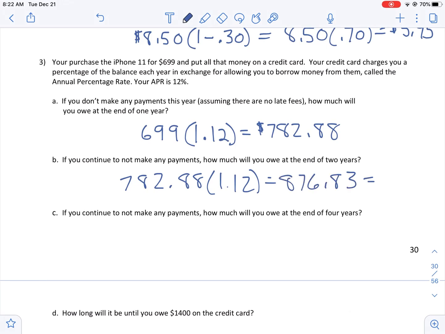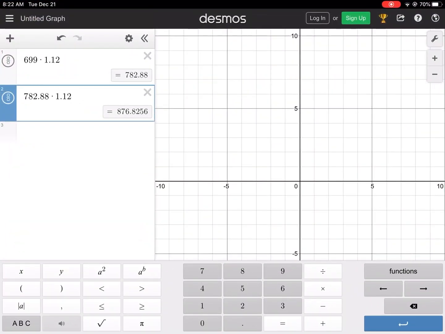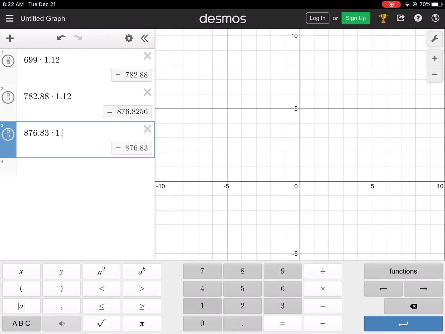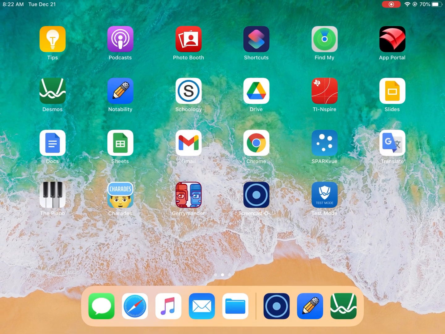And so now at the end of 4 years, 876.83 times 1.12 times 1.12 again, so 1099.890.